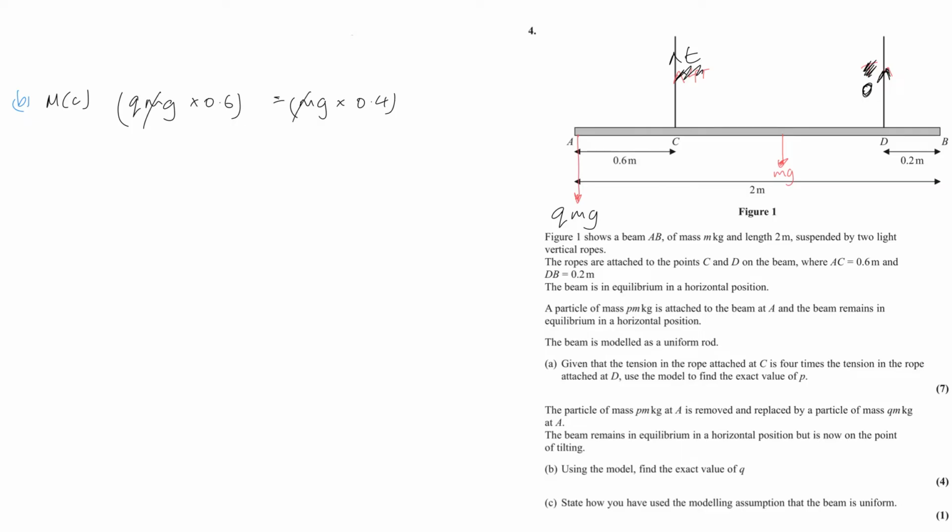So the m's will cancel, the g's will cancel, so 0.6Q equals 0.4, so Q equals 0.4 over 0.6, which is 2/3.